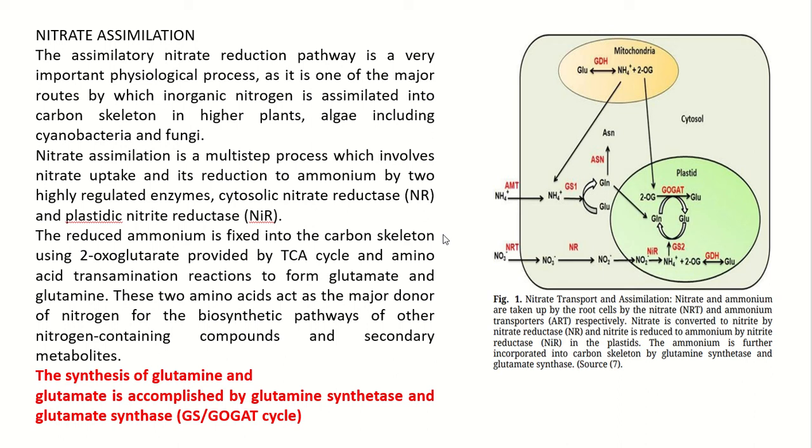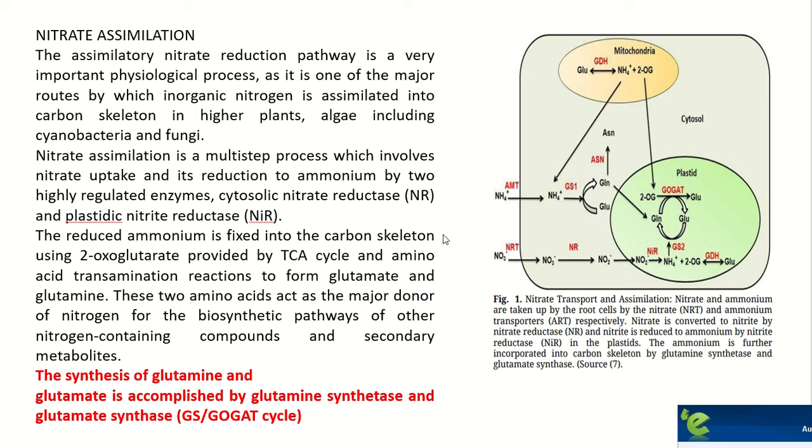Now reduced ammonia is fixed into a carbon skeleton by utilizing 2-oxoglutarate provided by the TCA cycle, and the reactions are transamination reactions to form glutamate and glutamine. So which two amino acids? One is glutamic acid, another is glutamine.